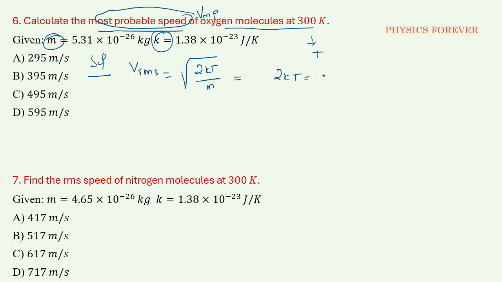2 into k, the Boltzmann constant, already given, 1.38 into 10 power minus 23, into the temperature 300. Multiplying everything, we get 8.28 into 10 power minus 21.